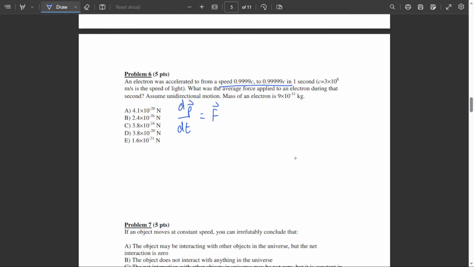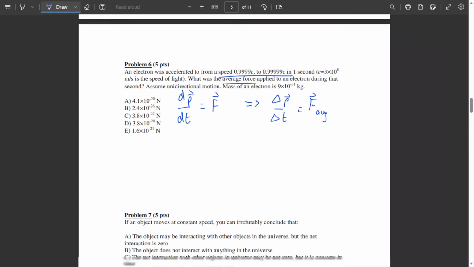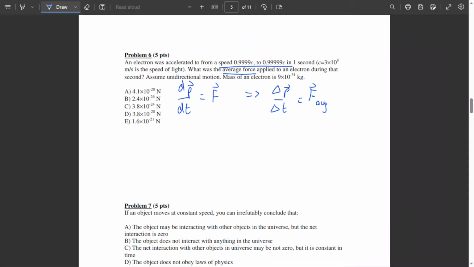And since we're only worried about the average force, we can write this as the absolute change in momentum over the change in time is equal to the average force. So then, we know how to calculate the change in momentum, and we're given the change in time, so we just have to plug those into this expression and we can find the average force.